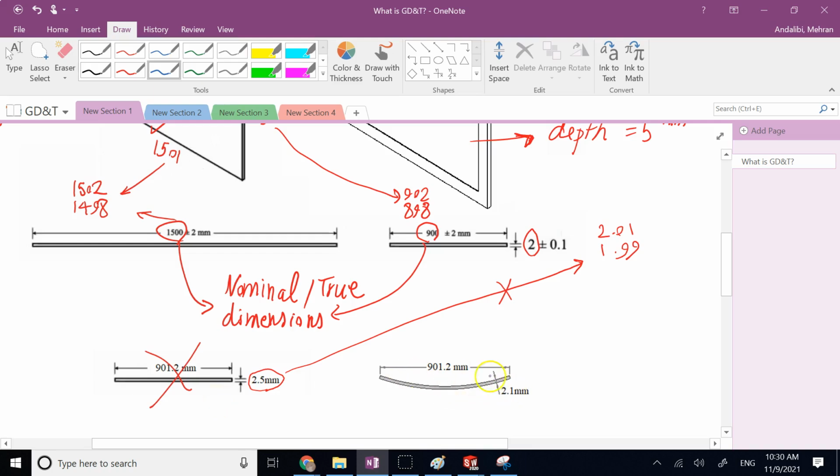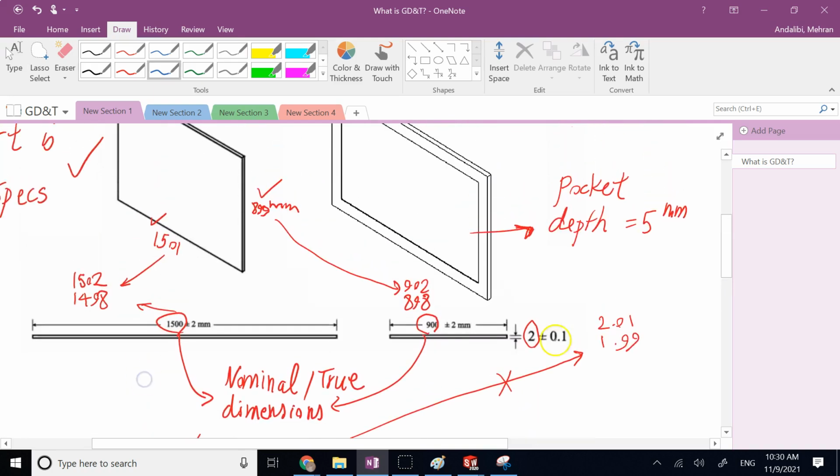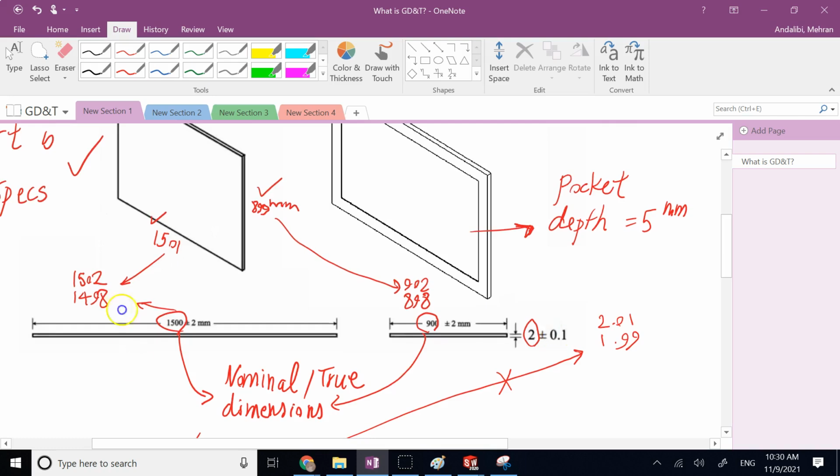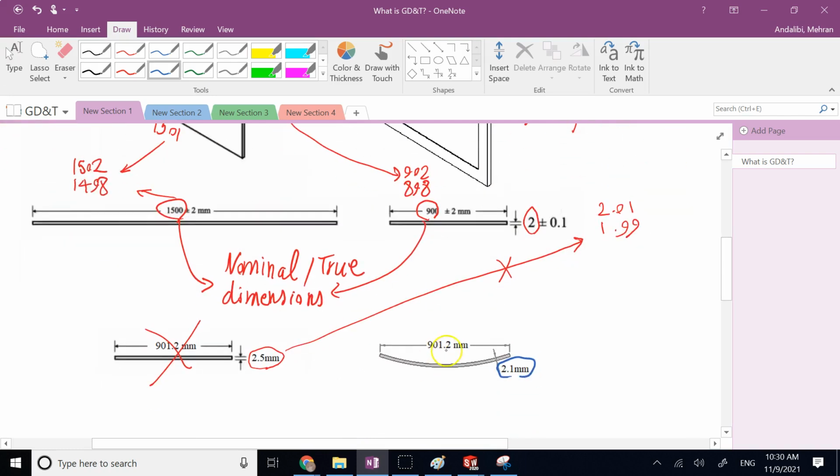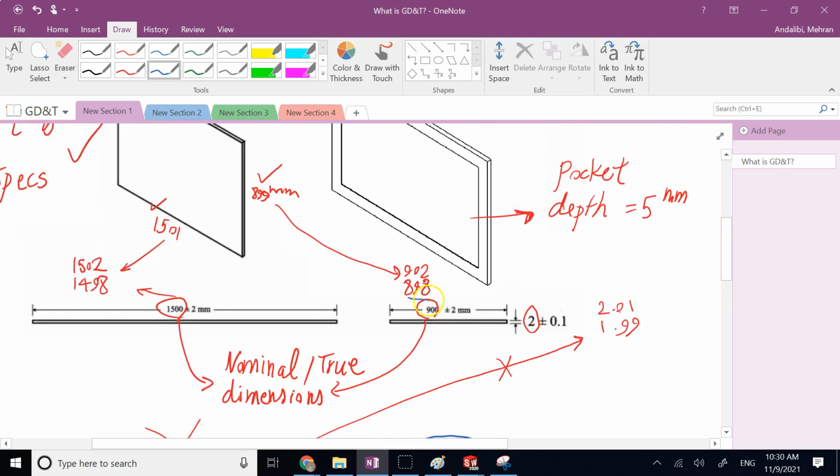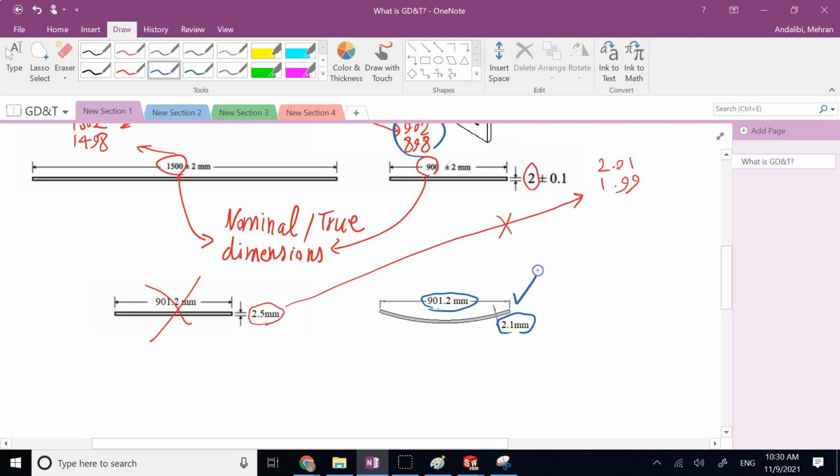If they give you a mirror like this, and the thickness of it is 2.1, which is within the spec, at the boundary of the spec really, but still within the range, and the span of it is 901.2, which belongs to this range, then you say, well, this mirror is good. They did some measurements, they found the thickness is good, the width and the height are good, so that's a good mirror.